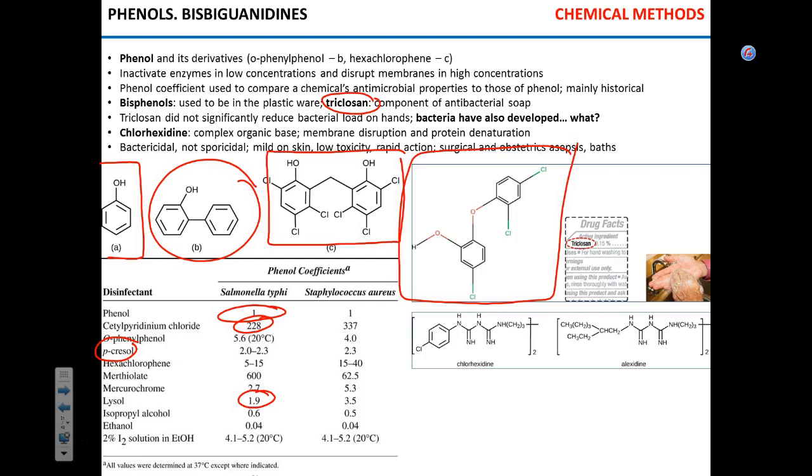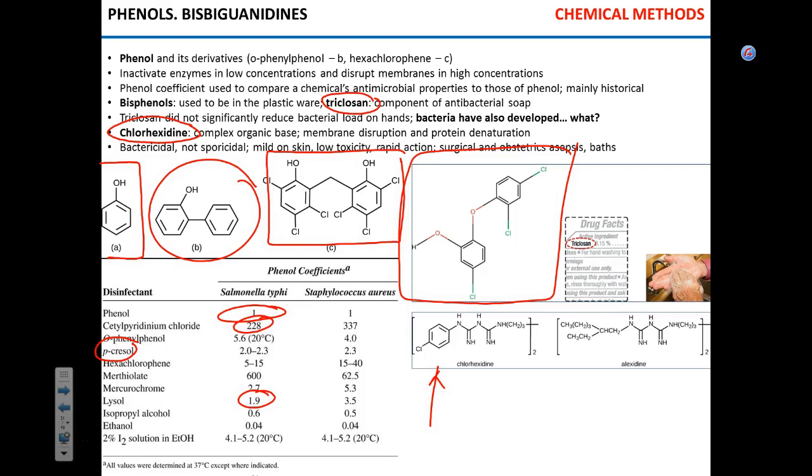The one chemical that stemmed from the phenol story that is widely used now is chlorhexidine. The mechanism of action for chlorhexidine is the same as phenols: it disrupts the membranes and denatures the proteins. It is not sporicidal, it's a disinfecting chemical. And its great advantage is that it's efficient and yet very safe.